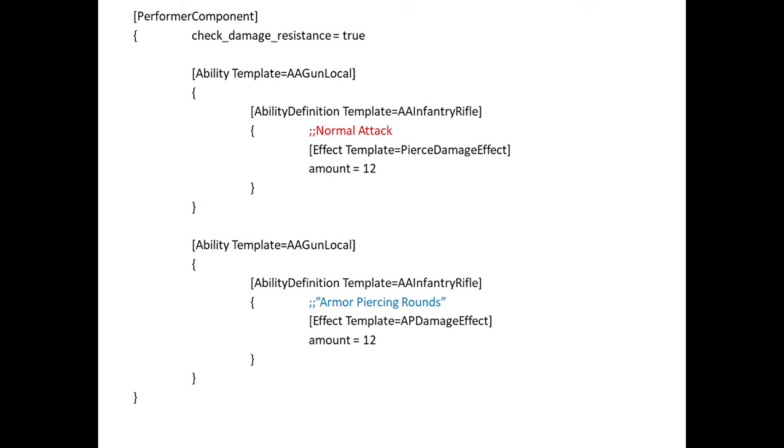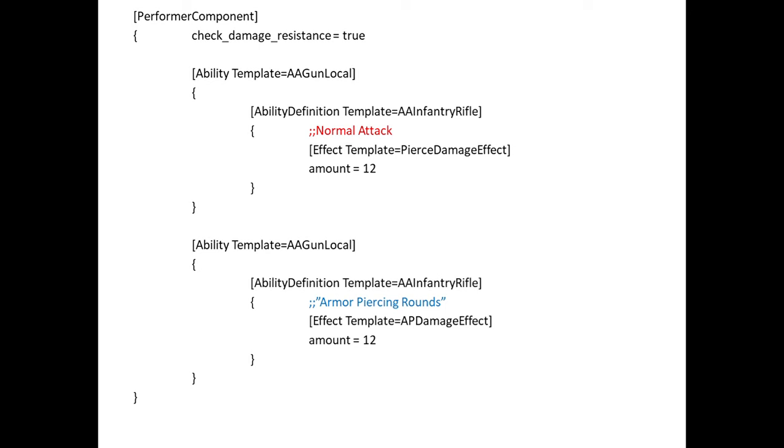That means both of them have a use bonus of 50, and a weight bonus of 50. That means that if we had check damage resistance off, they would fire one attack and then immediately fire the next against the same target.